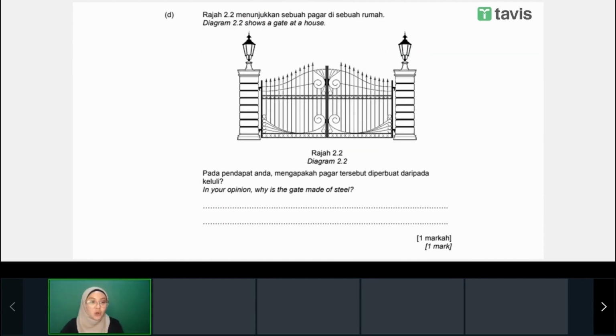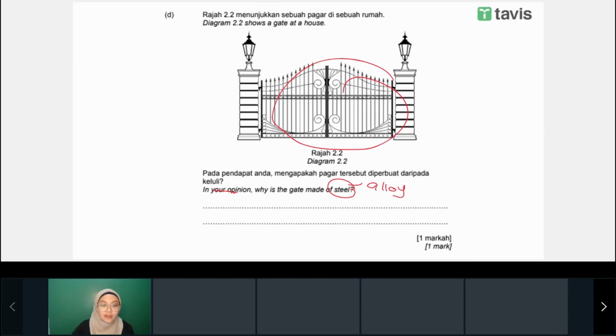Diagram 2.2 shows a gate at a house. In your opinion, why is the gate made up of steel? This one is an application question. They ask you why you choose the gate that is made up of steel. Steel is an alloy.